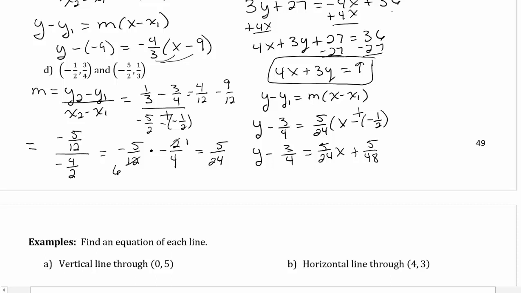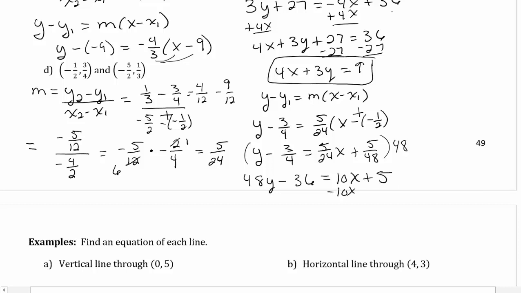So now we should get rid of all of our fractions. So we'd have to multiply everything by 48. So 48y minus 48 divided by 4 is 12, and then 12 times 3 is 36. And then 24 goes into 48 twice, so that's going to be 10x, and then plus 5.